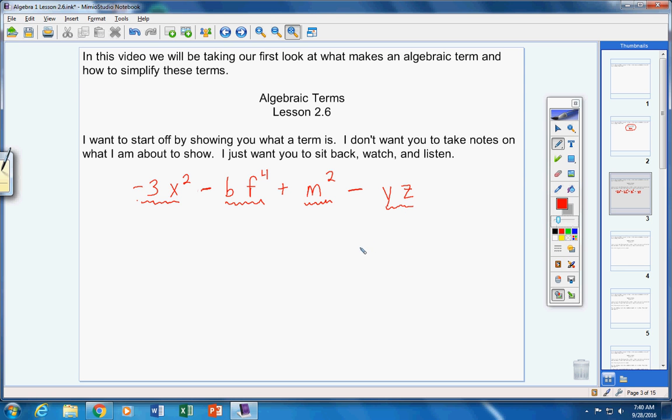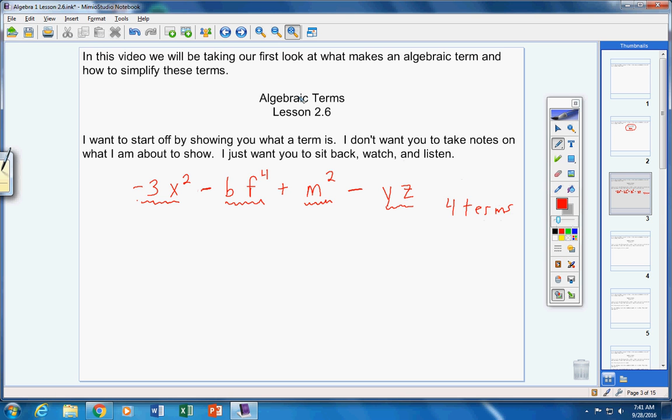Are you listening? How many letters I have doesn't matter at all. What my exponents are doesn't matter at all. How long the expression is doesn't matter at all. When it comes to counting terms, positives and negatives divide an expression up into terms. So this expression here has how many terms?